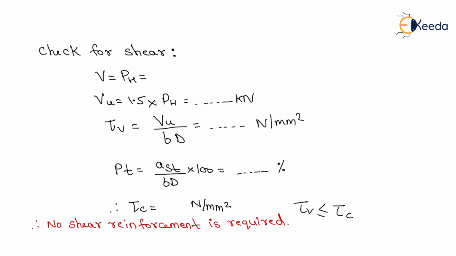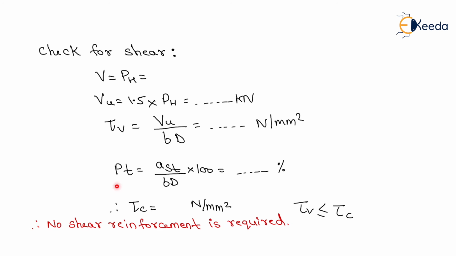Now check for shear. V equals pH, taken as horizontal pressure in kilonewton, and after this we will calculate ultimate shear, by multiplying 1.5 into pH we will get this value in kilonewton. Now we will calculate tau V equals Vu upon B into capital D. We will get this value in Newton per mm square.